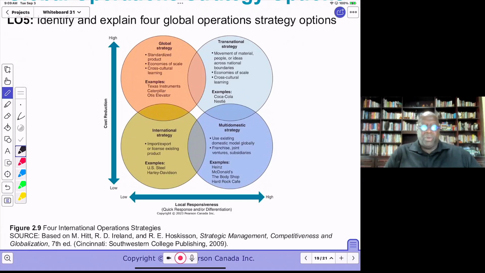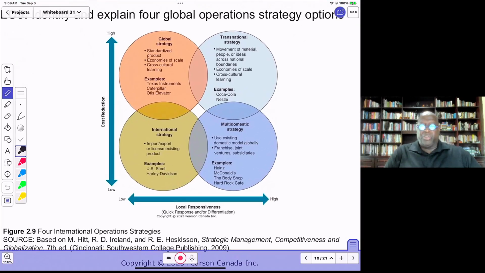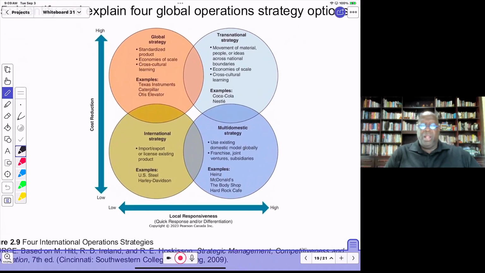So that's called an international strategy. A transnational strategy allows for the movement of people, material, and ideas across boundaries. You get economies of scale, and then you have cross-cultural learning. So you don't necessarily have to have a standardized product, but you would optimize your operations in each location based on how you intend to create advantage for your organization.